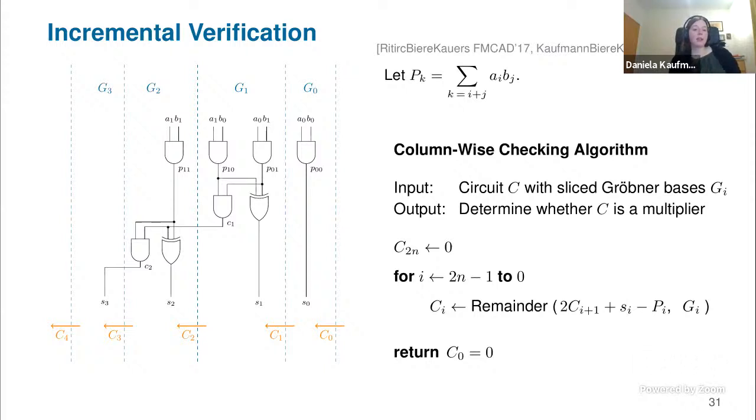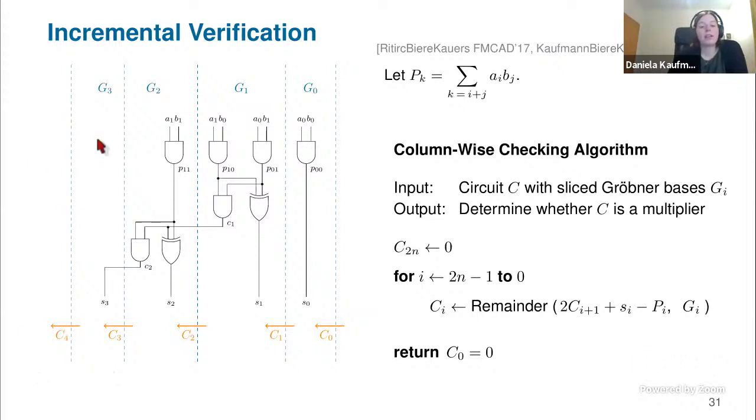The idea is basically taken from how we do the multiplication on paper, because also there we first build the partial products and then do this column-wise summing up. So we take the partial products of each slice, add them to the incoming carries, then write down a sum bit and send carries to the next slice. And that's exactly how this algorithm works.